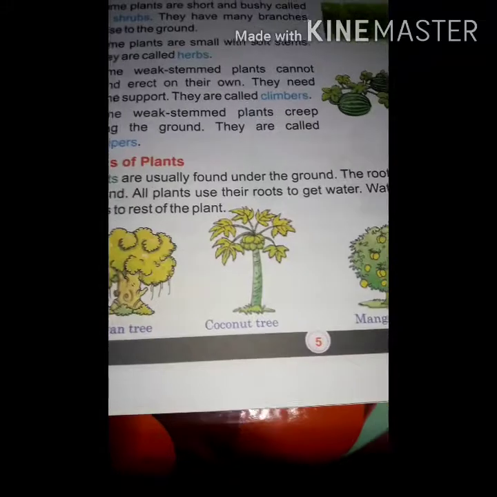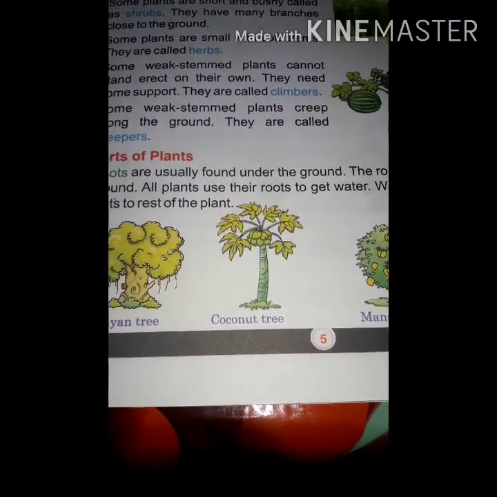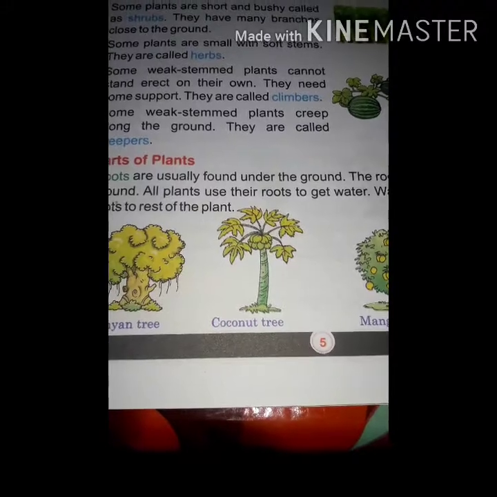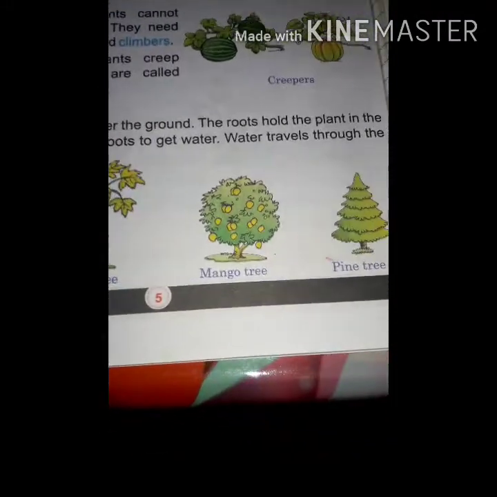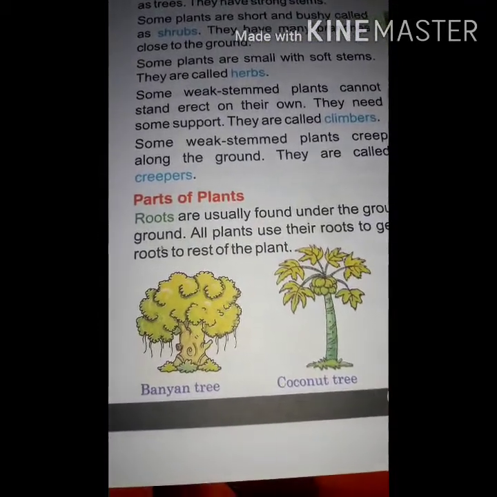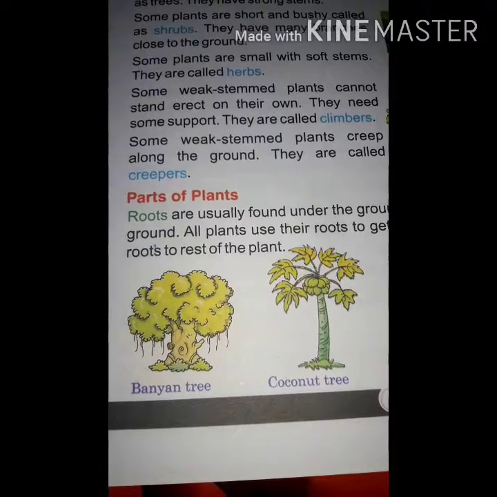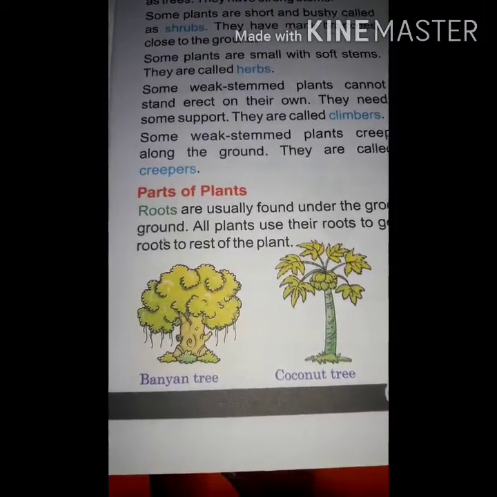All plants use their roots to get water. From the roots, all the plants get water from the ground. Water travels through the roots to the rest of the plant.